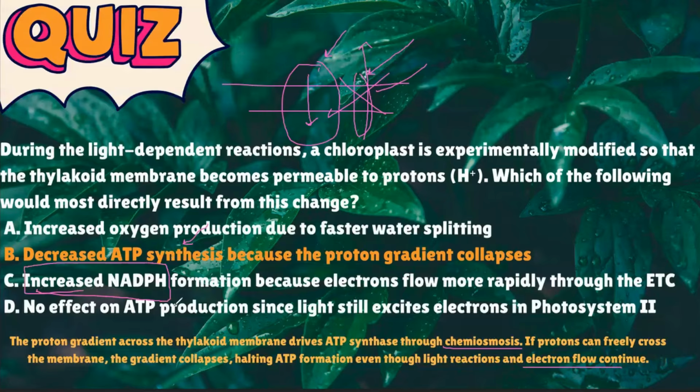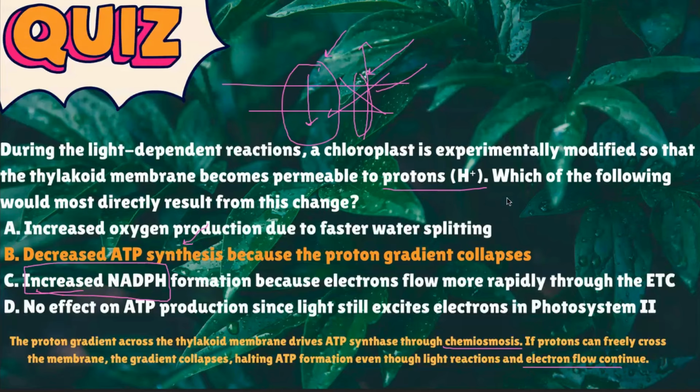So that's answer choice C, and why it's incorrect is because the production of NADPH doesn't really have anything to do with protons passing through. They were talking about the light portion rather than the dark portion, right?